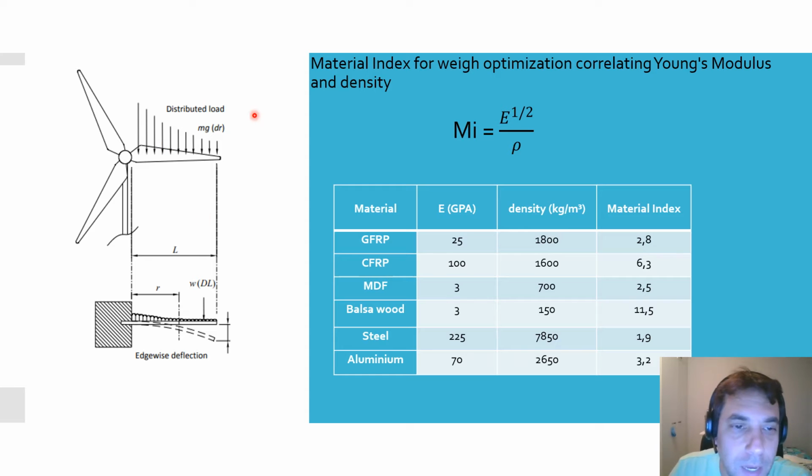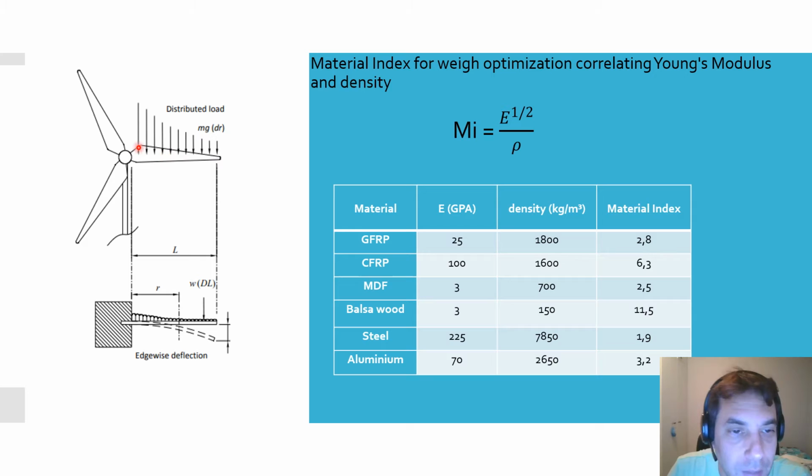Here we have a picture of the wind turbine, with a rotor with 3 blades. These blades will be subjected to loads such as aerodynamic loads, and also gravity loads.